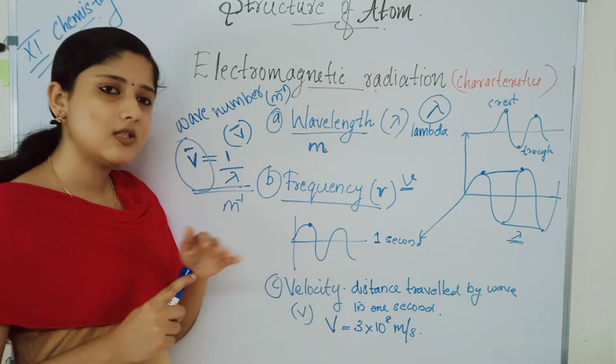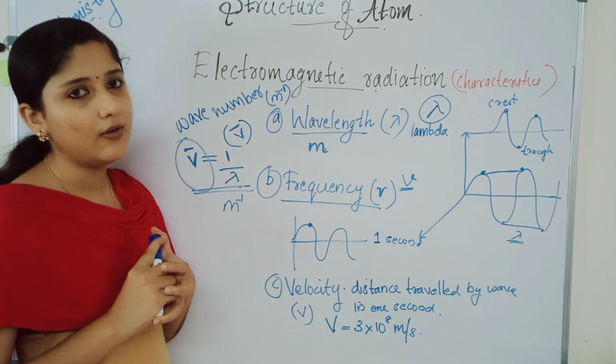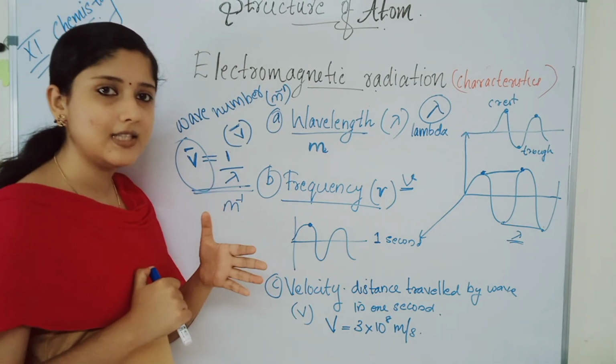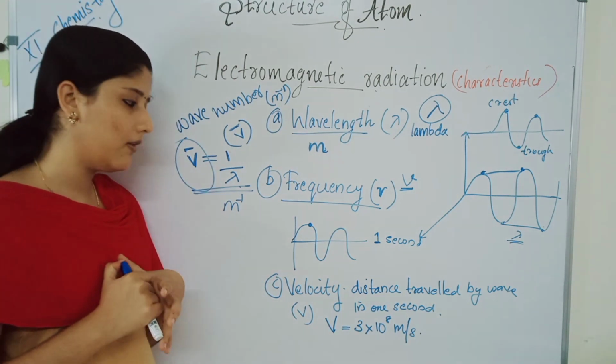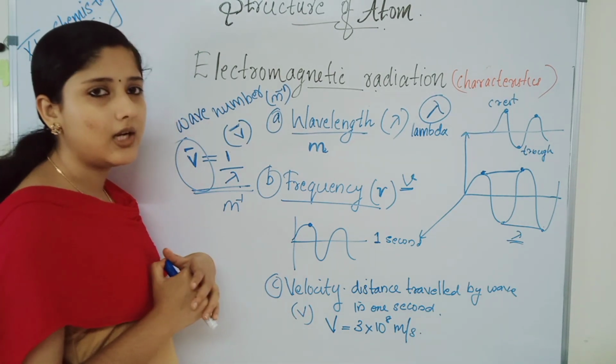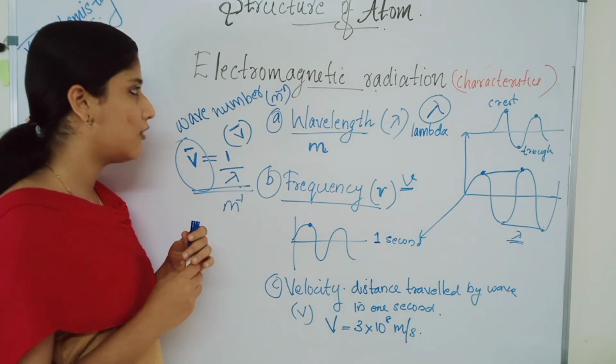The next one is velocity: the distance travelled by a wave in 1 second. The value of velocity of light is 3 × 10^8 meter per second.